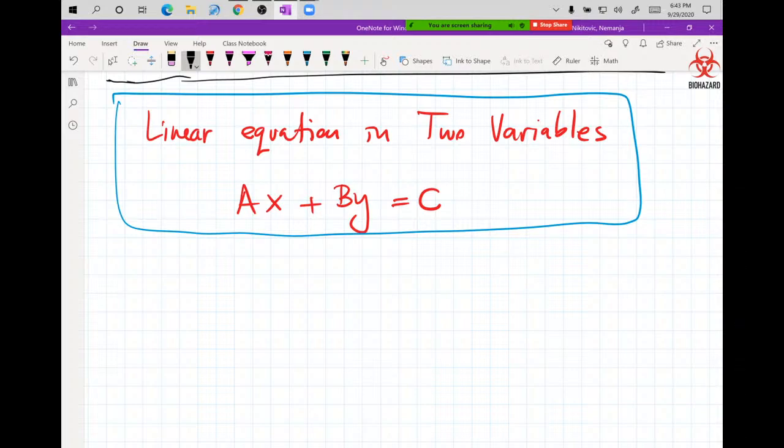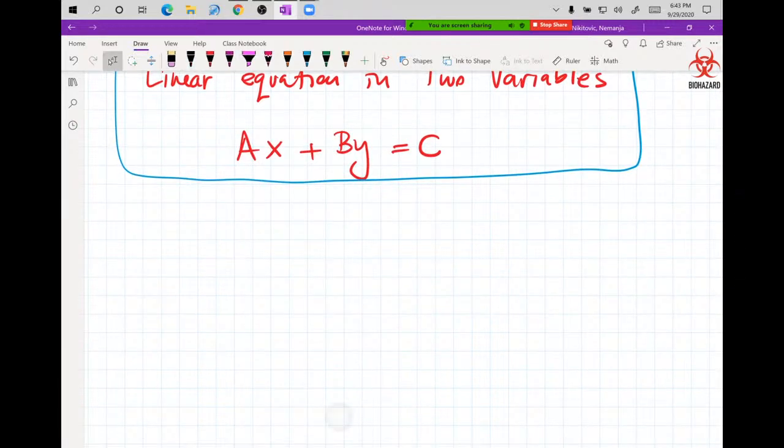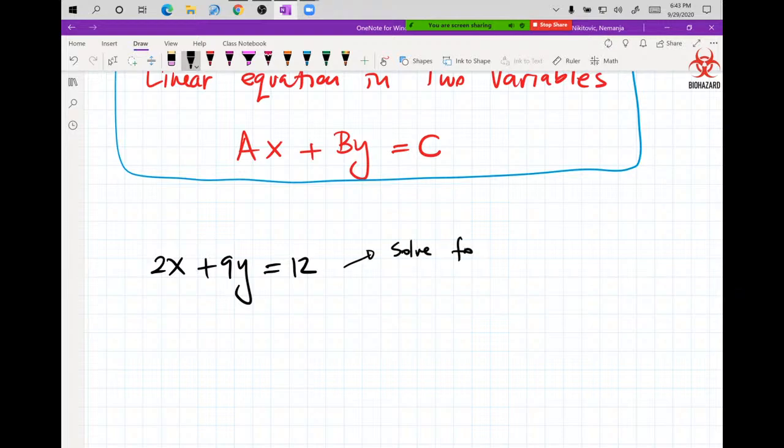And once you have a linear equation, let's say 2x plus 9y equals 12, whatever, 2 questions that you can get on your homework are solve for x or solve for y.